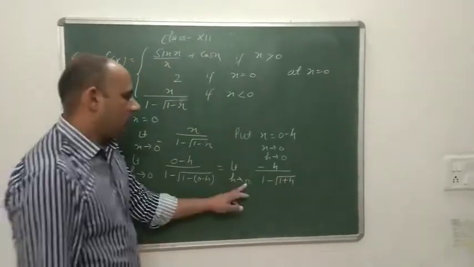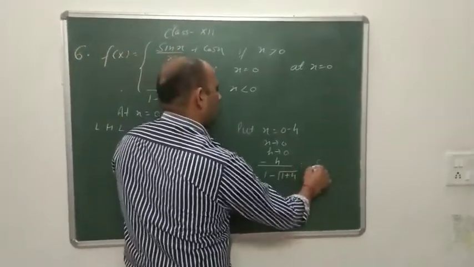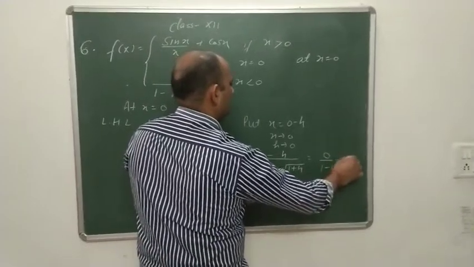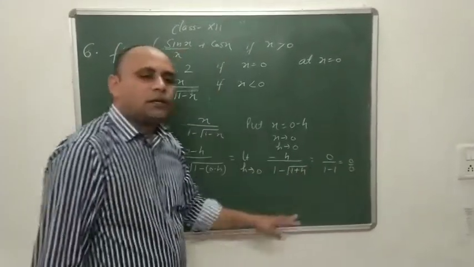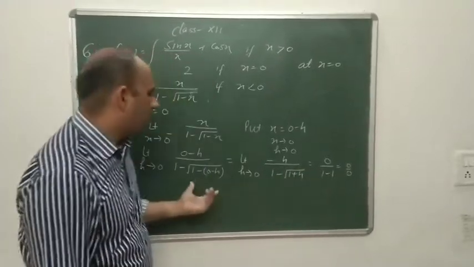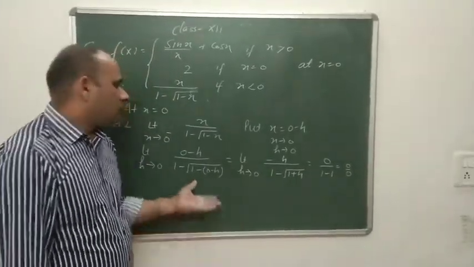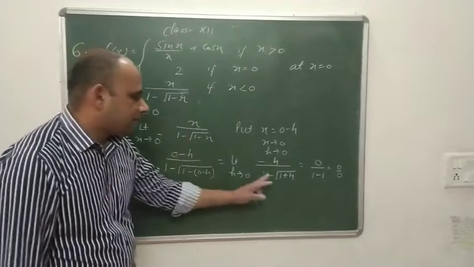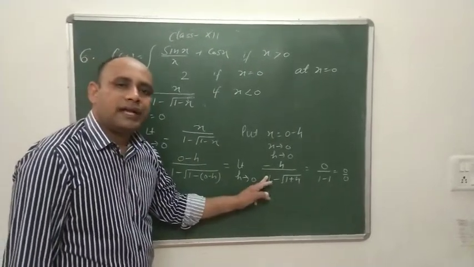Now if you put 0 here, then 0 upon 1 minus 1, 0 by 0, meaningless. In such a condition, if the result is meaningless, we make factorization, but factorization is not possible here. So we will rationalize.